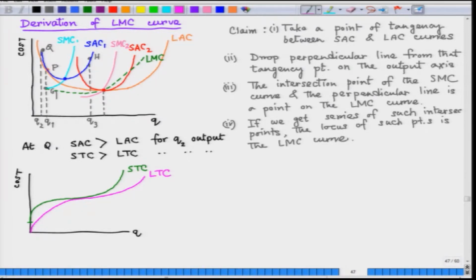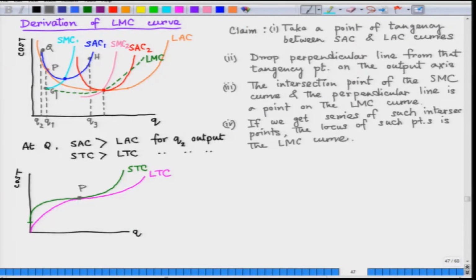Now if I want to match these two panels of diagrams, then let me name this point of tangency of short run total cost and long run total cost as the point P.